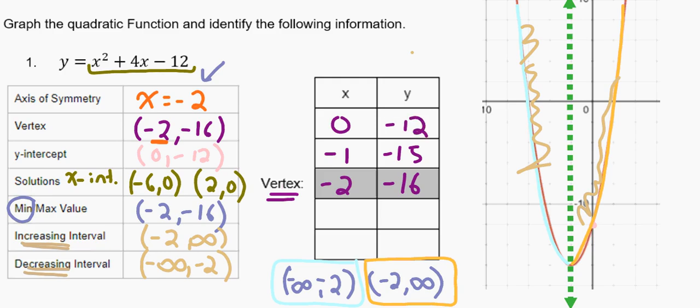Now we need to know the ones that go down this way. Oops, I put them in the wrong thing, didn't I? So let's go ahead and erase those right here. Let's go back to Desmos.